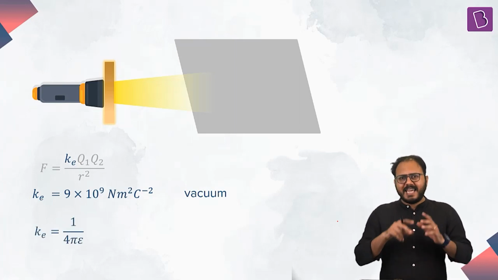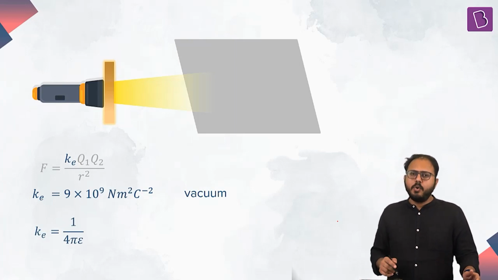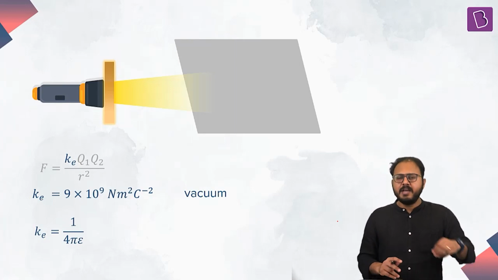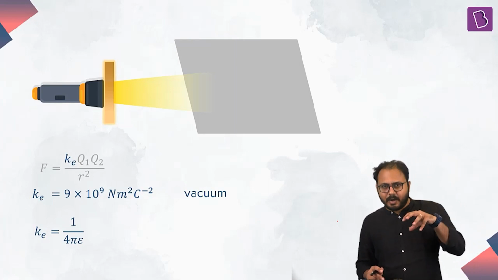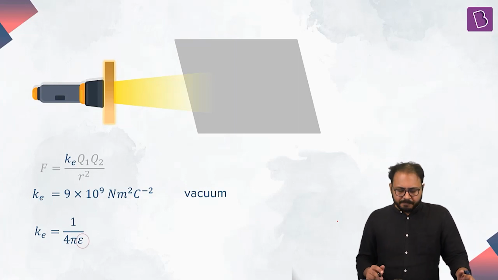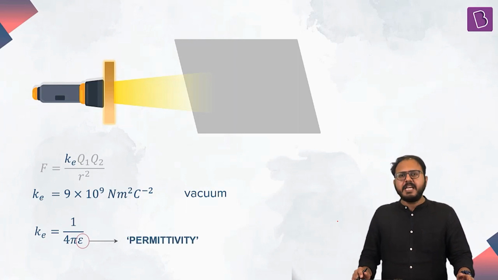Perfect. This K, constant K, can be broken down into 1 upon 4 pi epsilon. 1 is a constant, 4 is a constant, pi is a constant. So obviously, focus from K is now zooming into something called epsilon. What is this epsilon? This epsilon is actually called the permittivity of the medium. Alright?